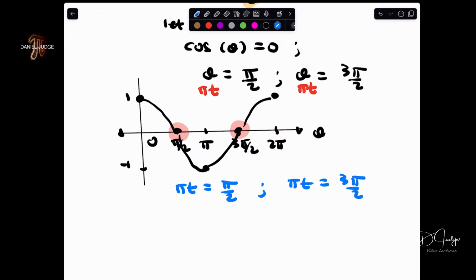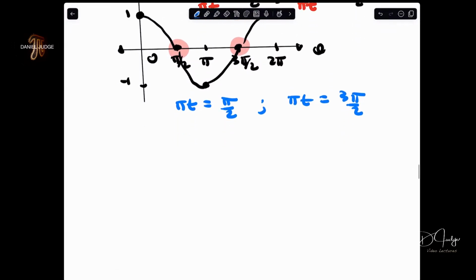Okay, now there's a little bit more detail here. You might say, well, what do you mean by the detail?